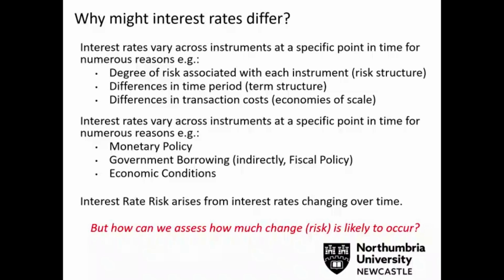And as I mentioned, other economic shocks, factors, human capital, financial crises, global pandemics. So there's a whole host of reasons why interest rates may change at a high level, but also at a product level. And this concludes part 2 of this lecture. In the next part, we're going to look at the term structure theories of the yield curve and interest rate risk from a banking book perspective and the sources.